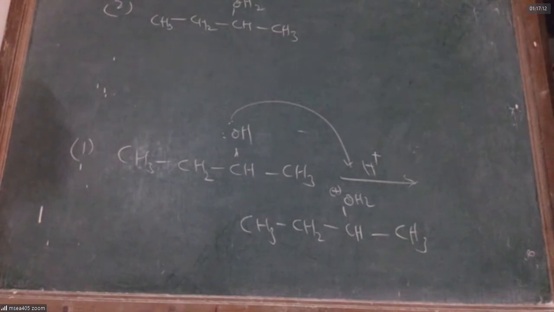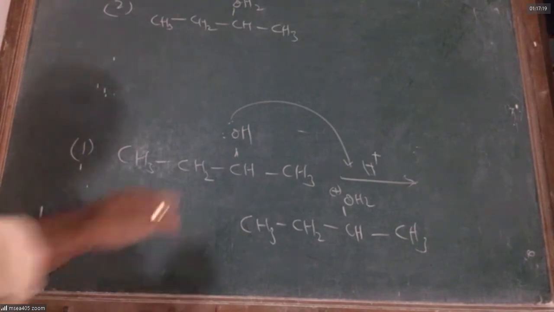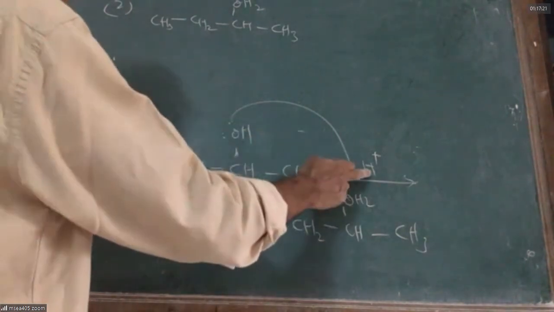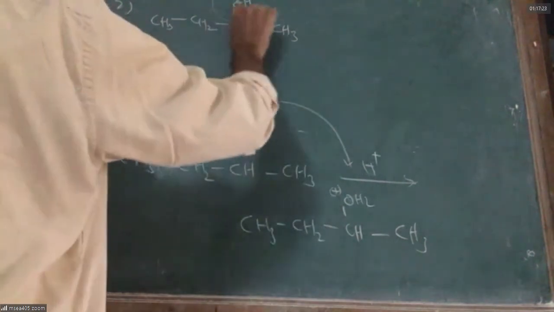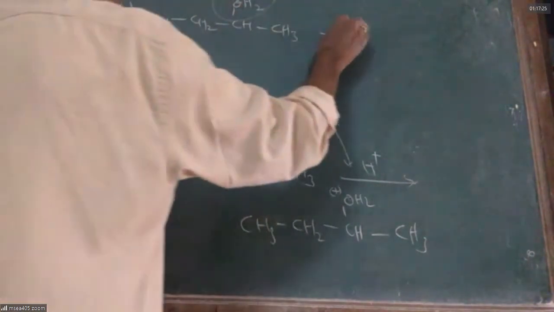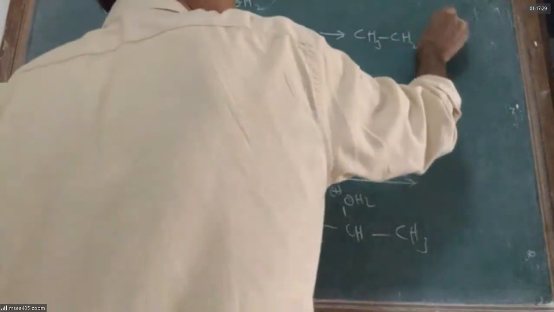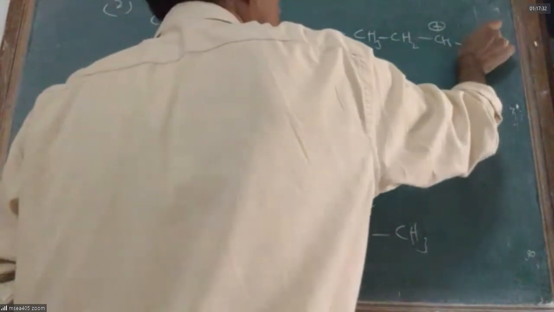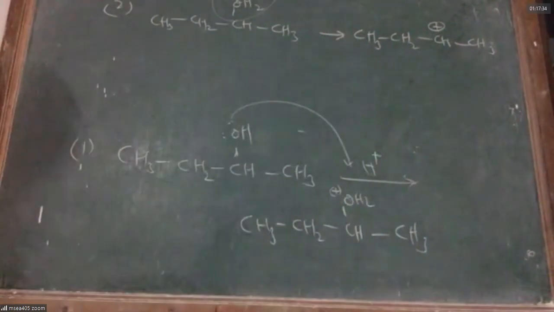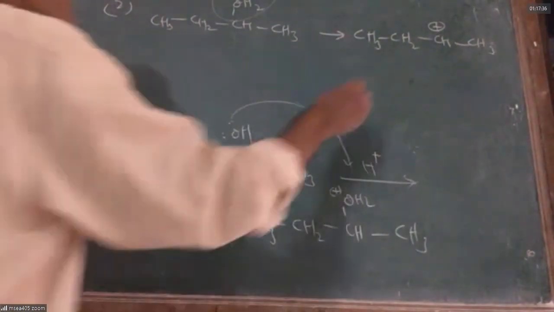So you will give your money to the neighbor's wife and loot money from your wife and scold her also. Oh my God. The oxygen has given a lone pair to the neighboring H plus. Now it has taken electrons from its own carbon. Now who became an orphan? Carbon.